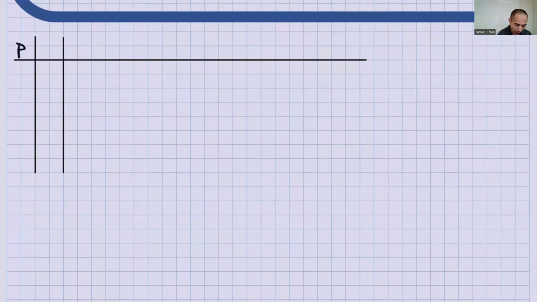So we got P, we got Q. True, true, false, false, true, false, true, false. Okay. So let's look at P, then Q. Let's see if you guys remember this.